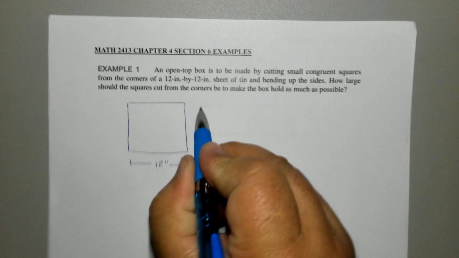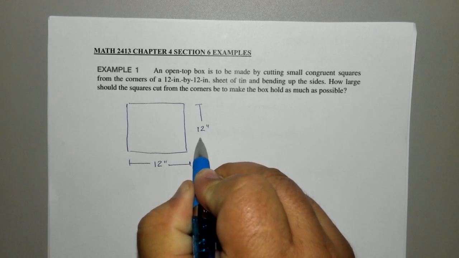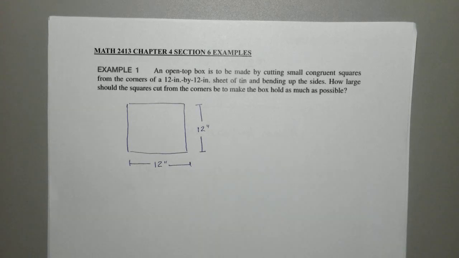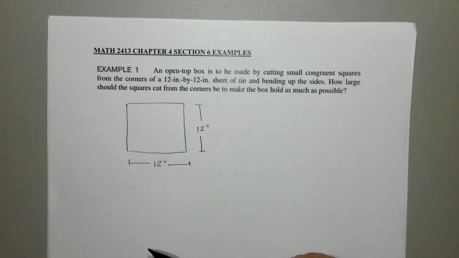Inches by 12 inches. Okay, what else does it tell us? We know the sheet is 12 by 12. What else is important in that sentence, in that paragraph?